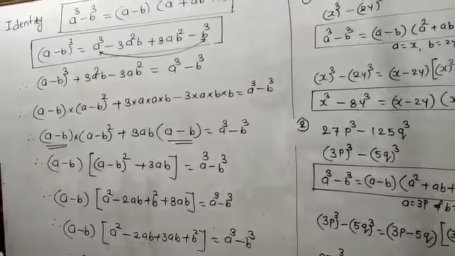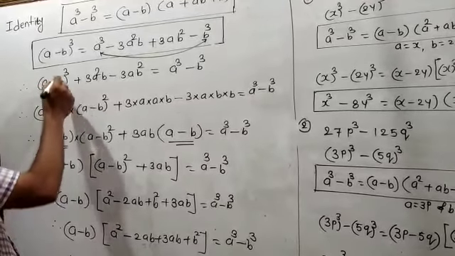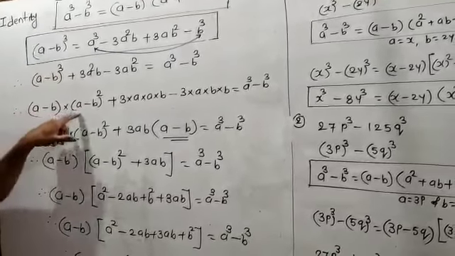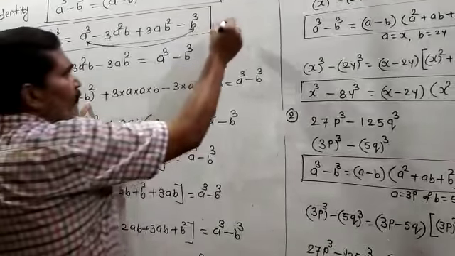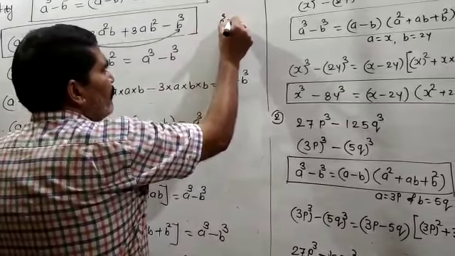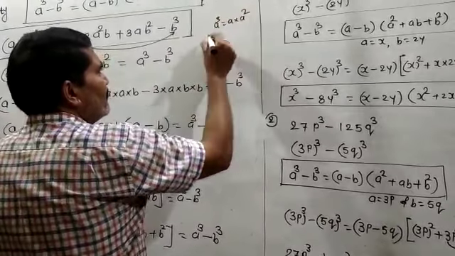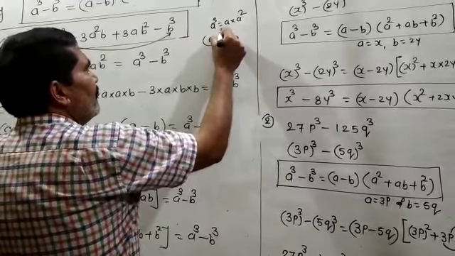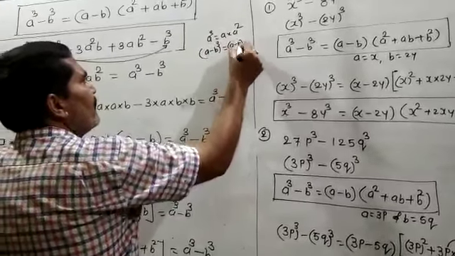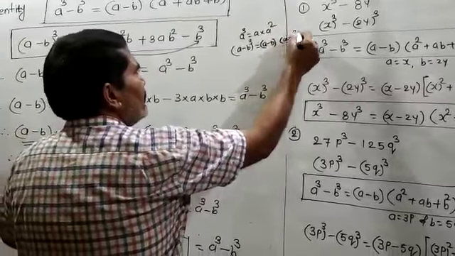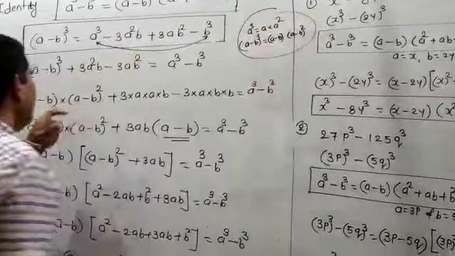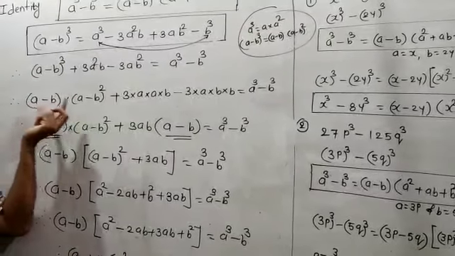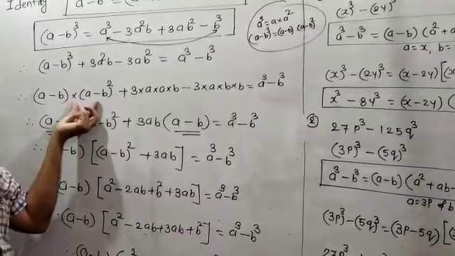After that, this a minus b bracket cube you have to write in the form a minus b multiplied by a minus b square, because a cube you will write in the form a multiplied by a square. In the same manner, a minus b bracket cube is equal to a minus b in one bracket multiplied by another bracket a minus b bracket square.